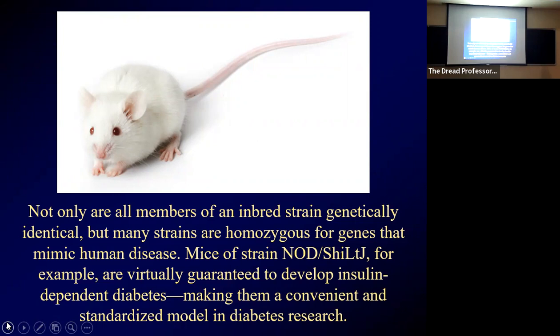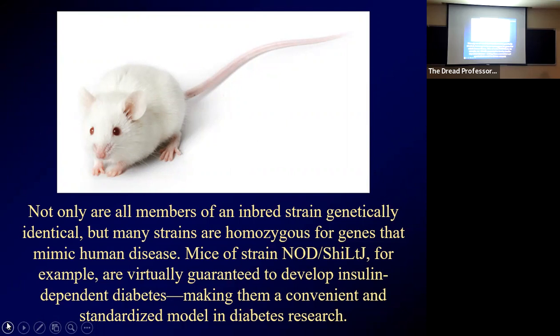That's a mouse from a strain, I don't know how you pronounce that, NOD/ShiLtJ. These are Nodshit mice, or Nodshilts. Nodshiltjes. Okay, these things right there, if you feed them an appropriate diet, they're guaranteed to develop insulin-dependent diabetes.